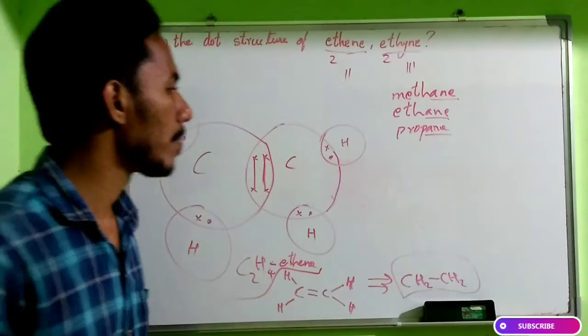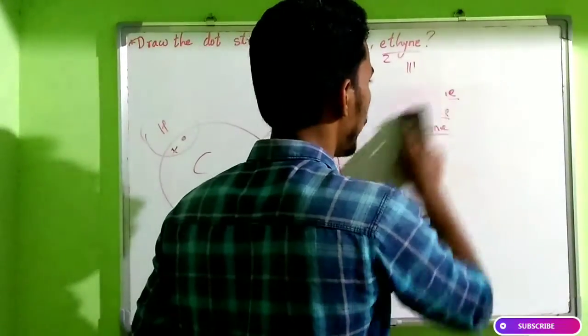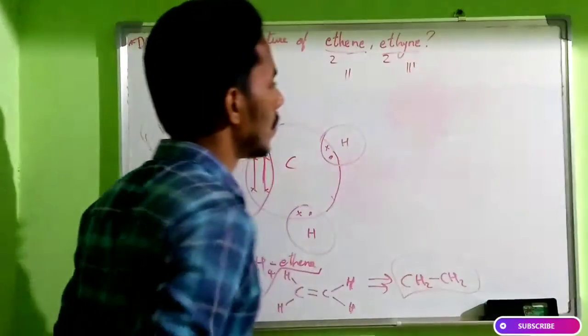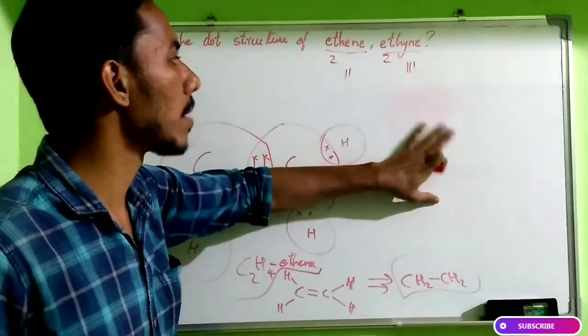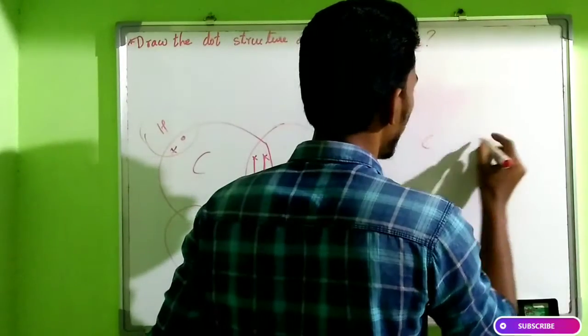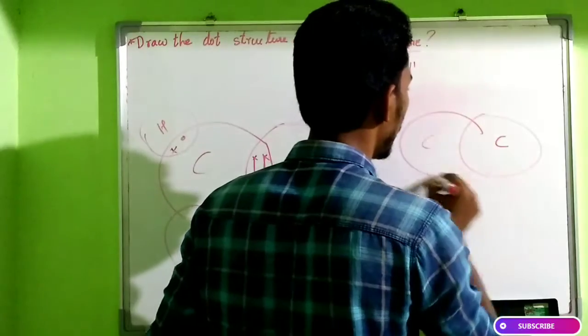Then the next one, ethyne, YNE. How many carbon atoms? 2 carbon atoms only. So C, draw the structure.